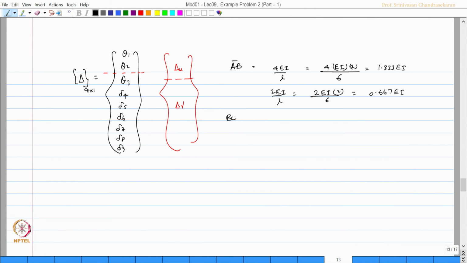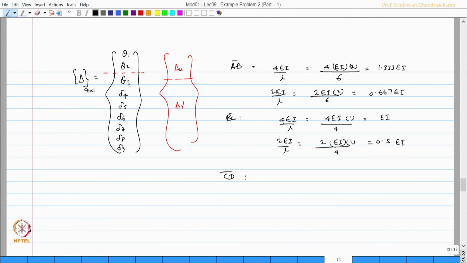For the member BC, 4 EI by L could be 4 EI into 1 by 4, which is EI. 2 EI by L could be 2 EI into 1 by 4, which is 0.5 EI.